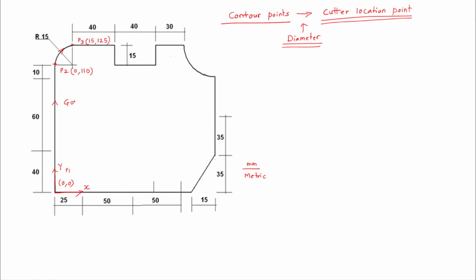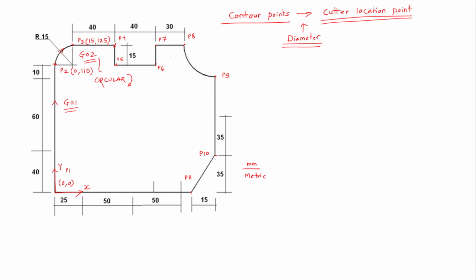So this would be G01. From P2 to P3 it is G02, circular interpolation in clockwise direction. Then we are trying to find out the coordinates of P4, P5, P6, P7, P8 and the coordinates of P9. Then we will get the coordinates of P10, P11 and it will reach its destination P1.